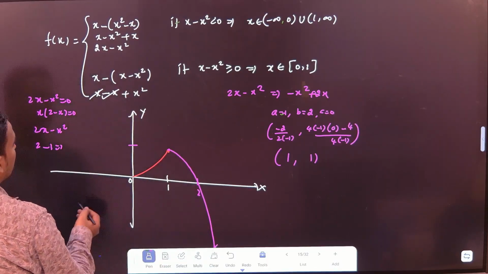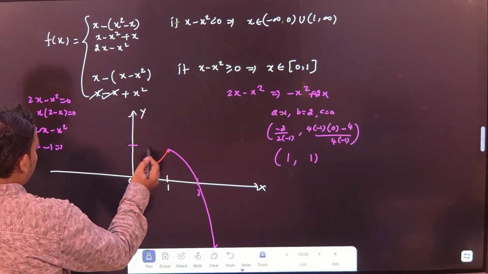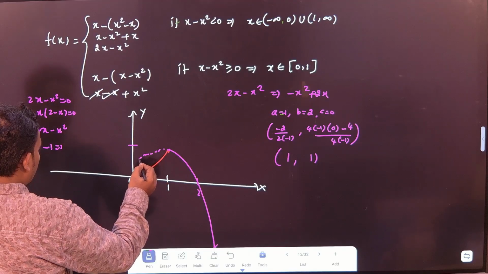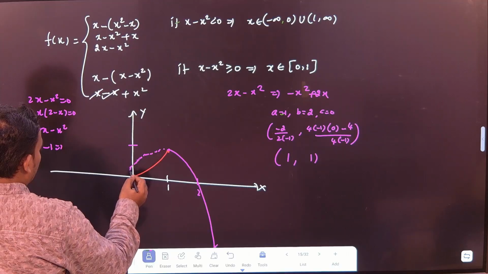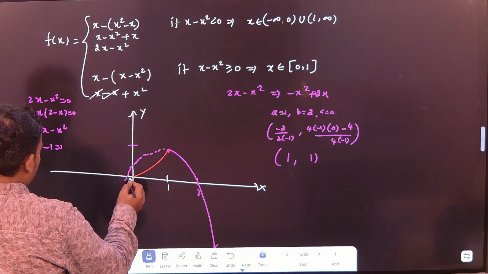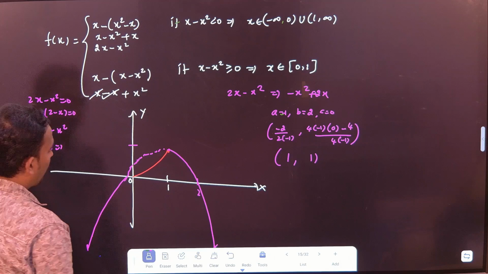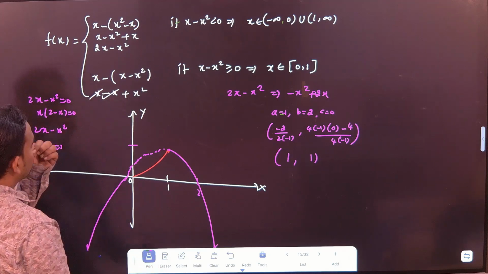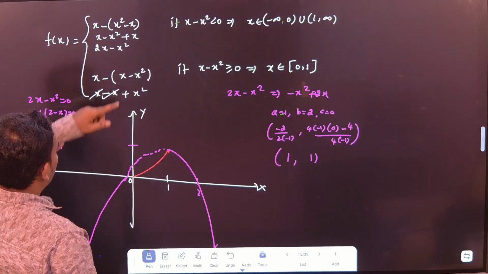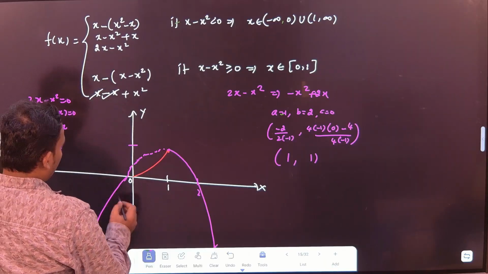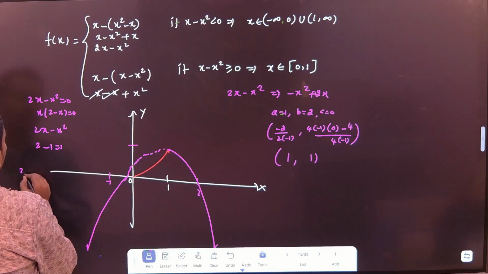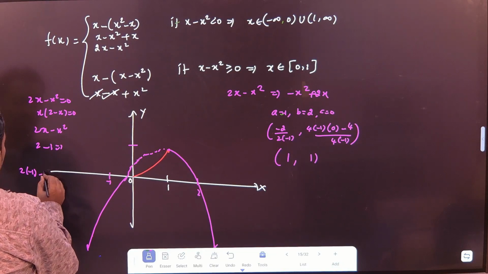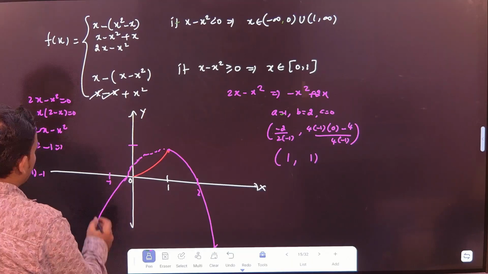But when you take less than 0, the parabola is going like this, except this one, right? Less than 0 you can take, right? When you take 0, it will be 0 only. When you take minus 1, you can say 2 into minus 1, minus 1 square is minus 1, so minus 3 you'll get.